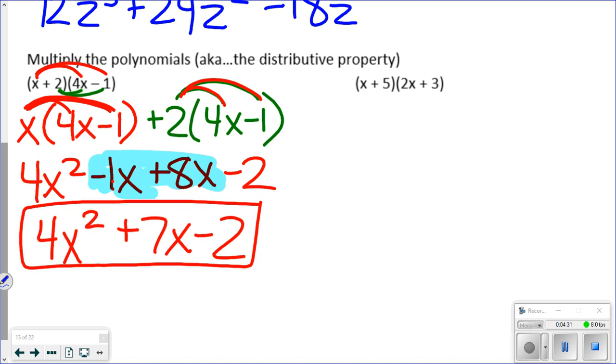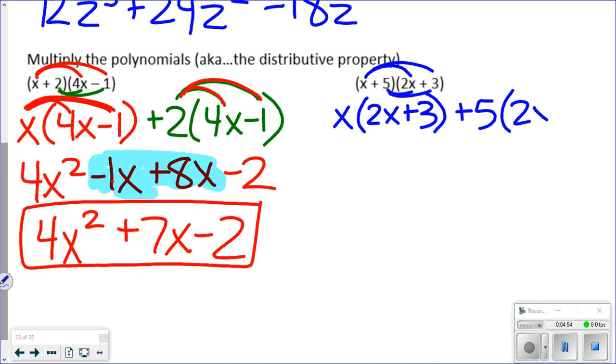Okay, let's go through the distributive property again. And then we'll do the acronym. Okay, so this x needs to be multiplied by the second binomial, the second set of parentheses. And so does this positive 5. It also needs to be multiplied by the second binomial or the second set of parentheses.